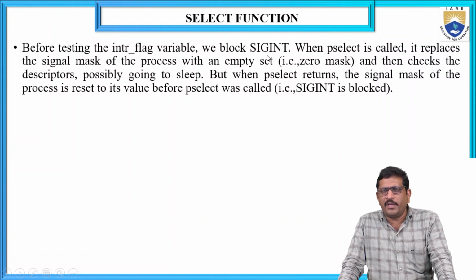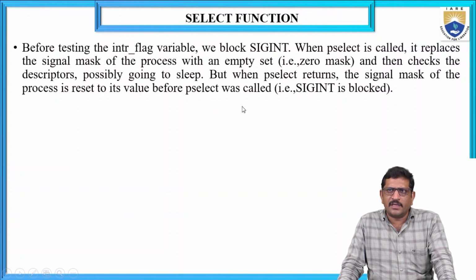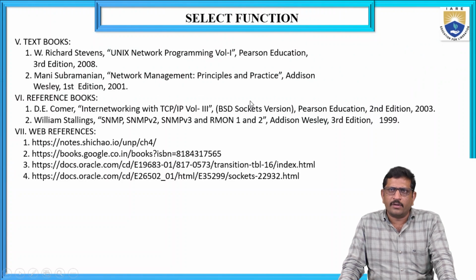That is indicated when pselect is called: it replaces the signal mask of the process with an empty set, the zeromask, then checks the descriptors and possibly goes to sleep. But when pselect returns, the signal mask of the process is reset to its value before pselect was called. That is, the signal will be blocked.